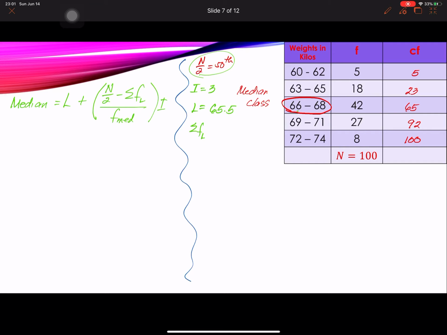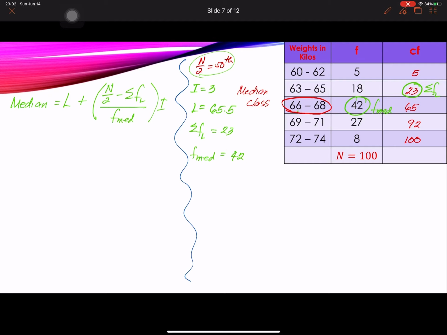Which is equal to 23, and this is your f sub L. And then of course, the frequency of the median class is equal to 42.